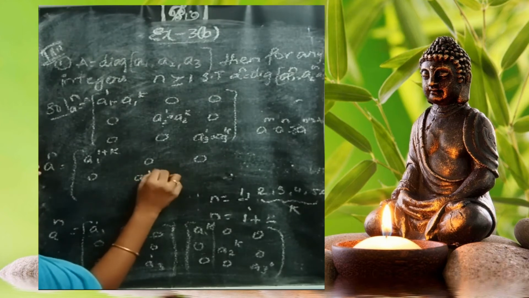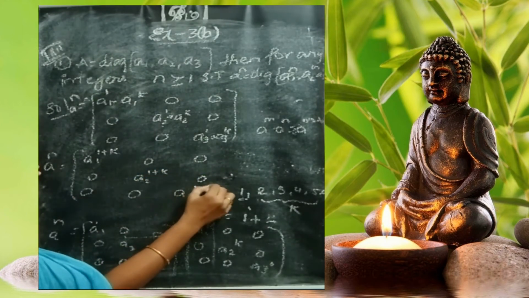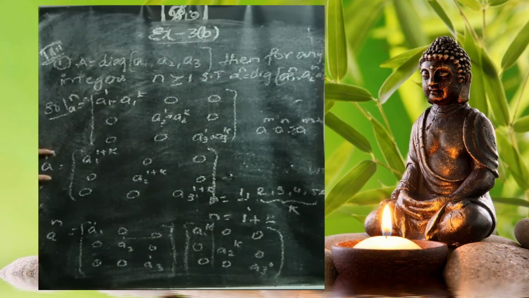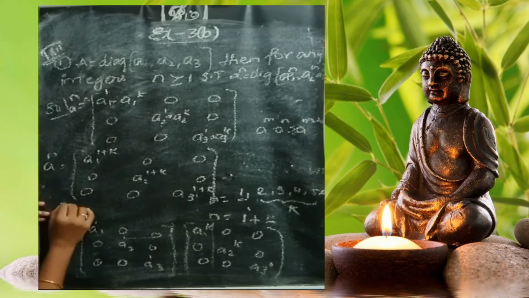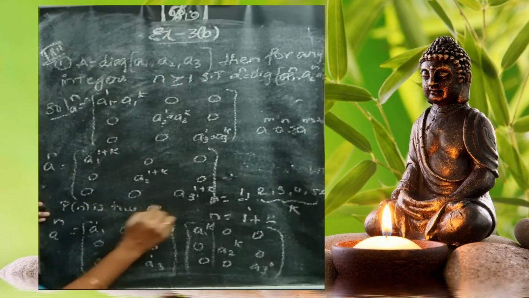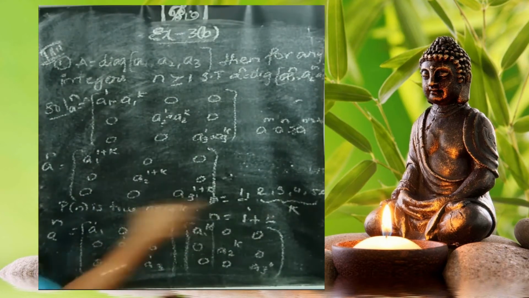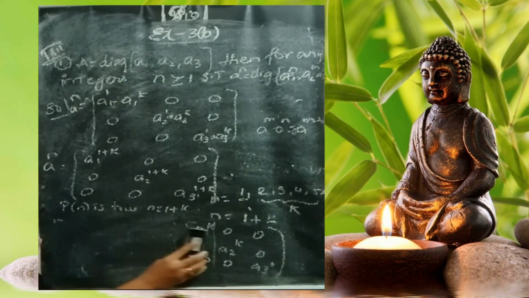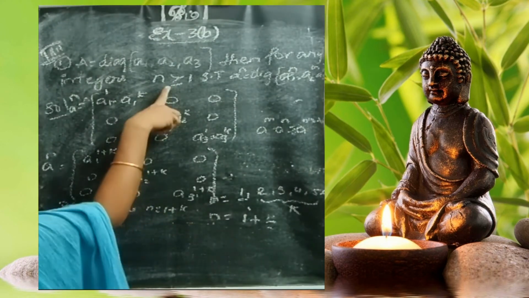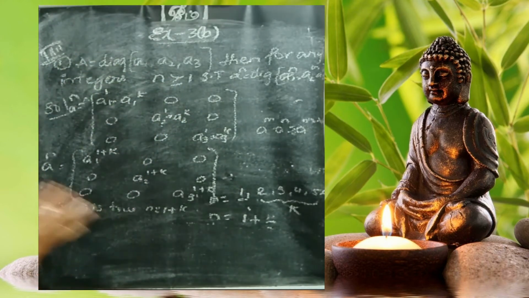So a1 power 1 plus k, a2 power 1 plus k, a3 power 1 plus k, with zeros elsewhere. That's it. We have proved that P of n is true when n equals to 1 plus k. 1 plus k is nothing but a positive integer, so the condition in the problem is satisfied.